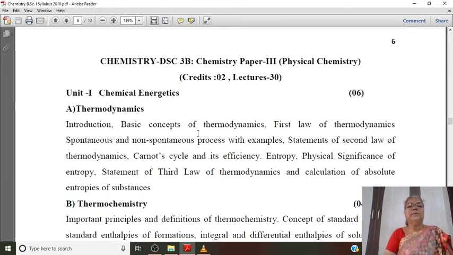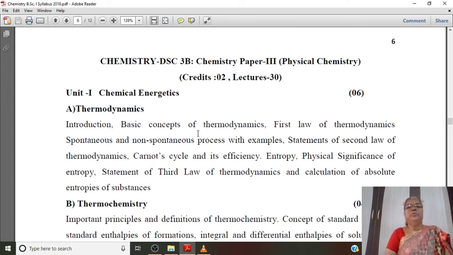Such processes, such reactions are called spontaneous reactions, and the opposite of this is non-spontaneous processes. That means non-spontaneous processes occur with addition of external energy or external agency. Next time we will see the proper examples of spontaneous and non-spontaneous processes.